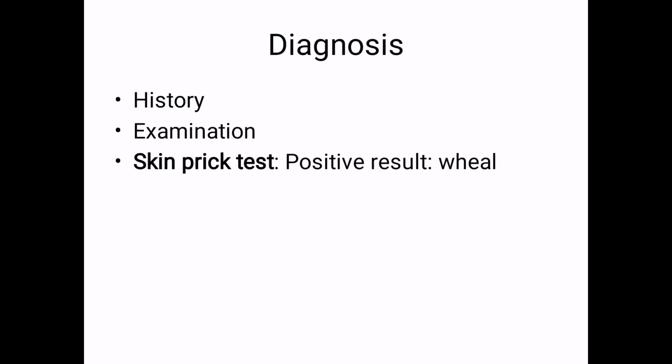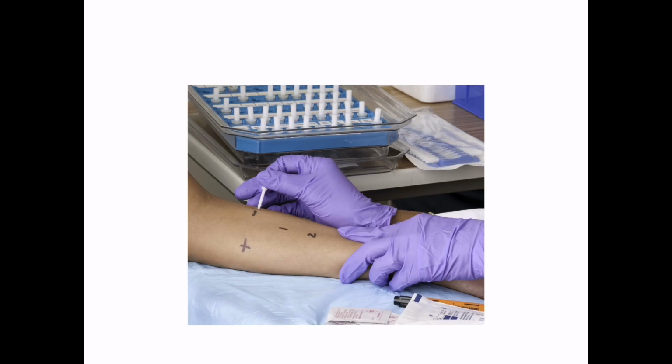Okay, and we can use the skin prick test. When it is positive there is a wheal, and the skin prick test is the introduction of a certain allergen. Like here in this picture, we introduce a certain allergen into the skin, and if there is allergy or the body is sensitized to this allergen, there is a wheal.